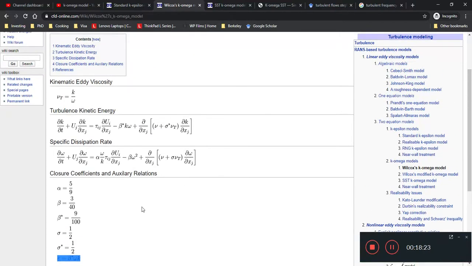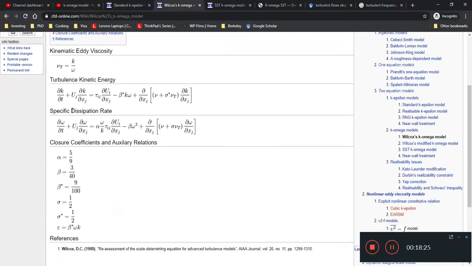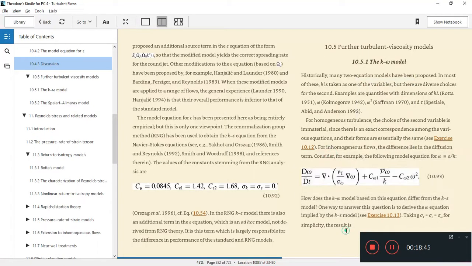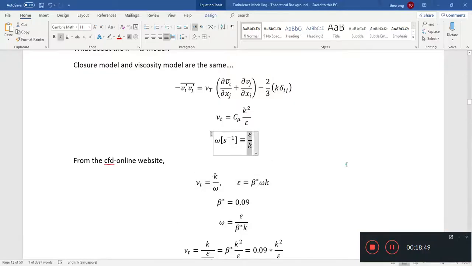But if we put this definition of omega into this equation, I'm pretty sure a lot of the constants will just cancel out. Then we'll get a very similar expression to what we have here. But that is for the topic of the next video.